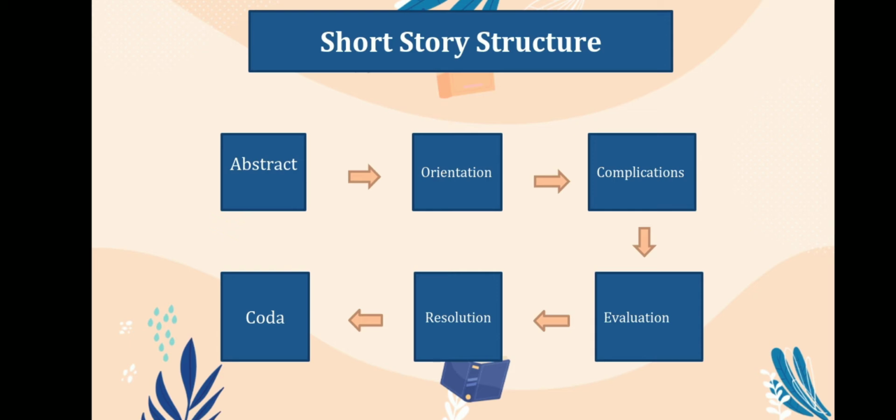Abstract. Abstract is an initial description of the story told. In a short story, the abstract is usually used as a complement to the story. Therefore, the abstract is optional or may not exist in the short story.